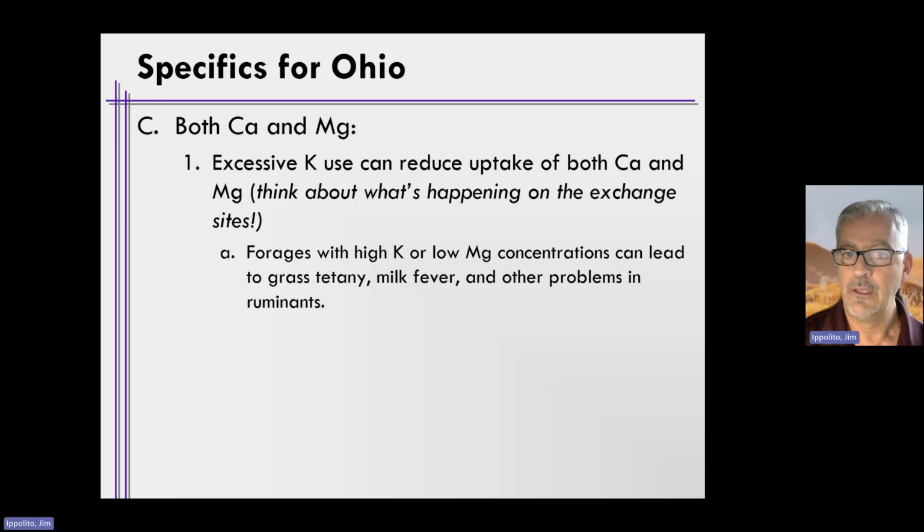Okay, so that's what's happening with excessive potassium. This is the interplay between these three elements. Letter A states that forages with high potassium or low magnesium concentrations can actually lead to grass tetany, milk fever, and other problems with ruminants. And we mentioned these issues in a previous video in this unit.